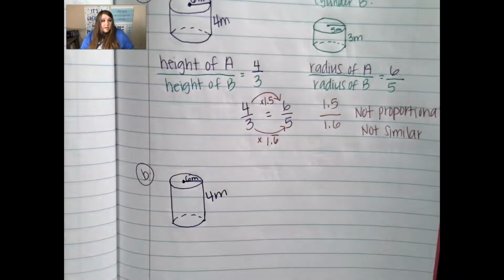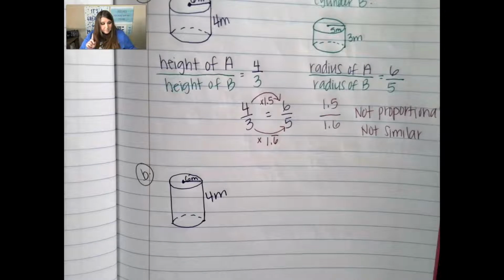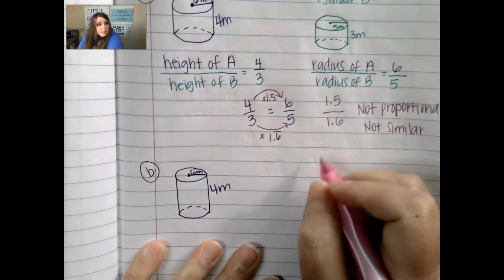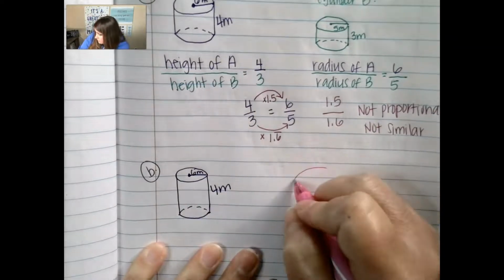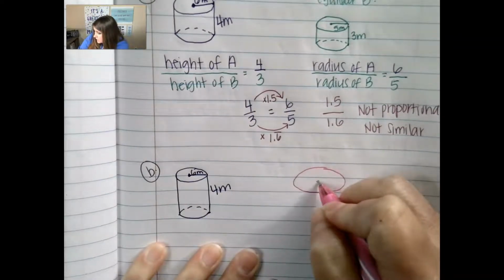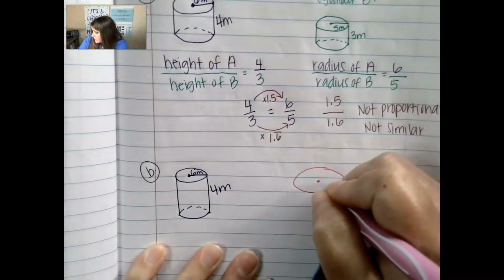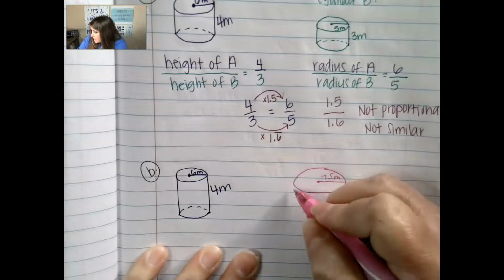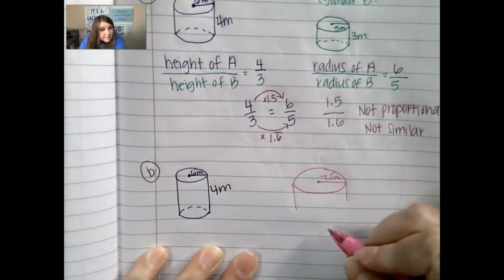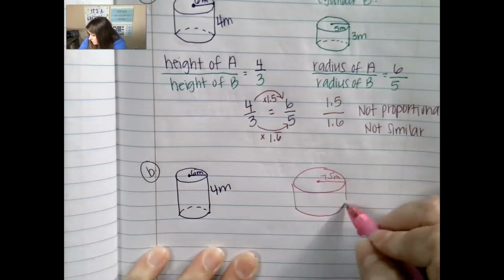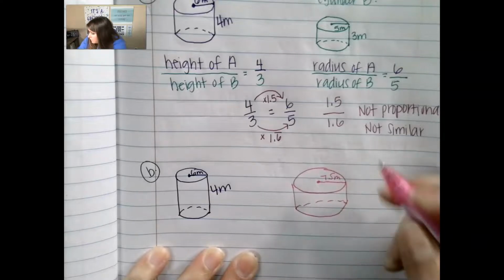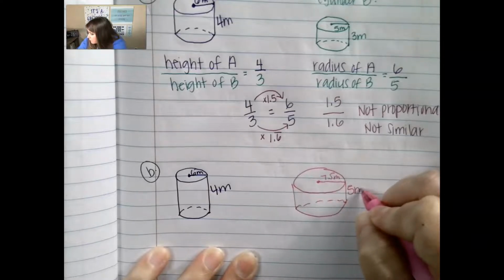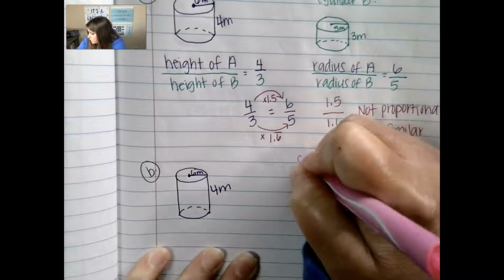And the next cylinder that we're looking at is cylinder C. And cylinder C, ooh, it's a little bit bigger. Cylinder C has a radius of 7.5 meters, and it has a height of 5 meters.